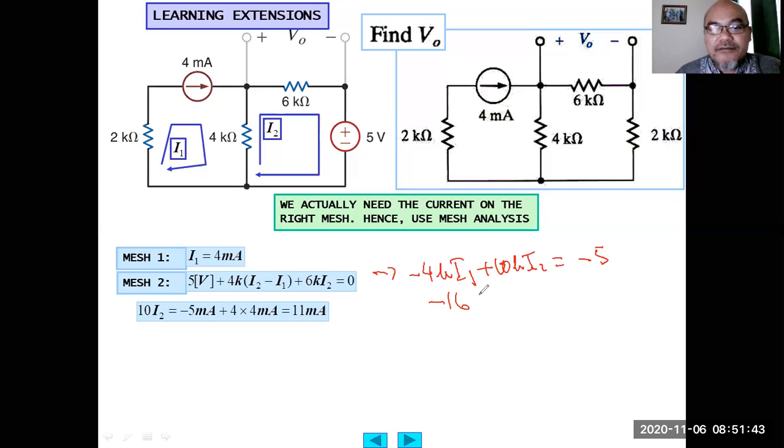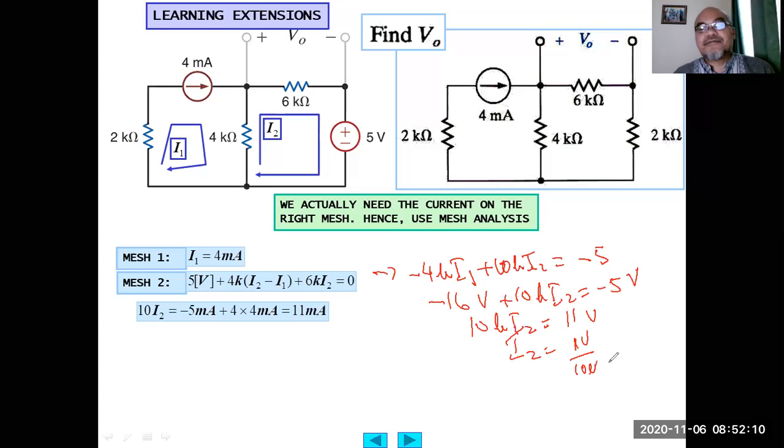Negative 16 volt plus 10K I2 equals negative 5 volt. Then 10K I2 equals minus 5 plus 16, 11 volt. So I2 will be equal to 11 volt divided by 10K.